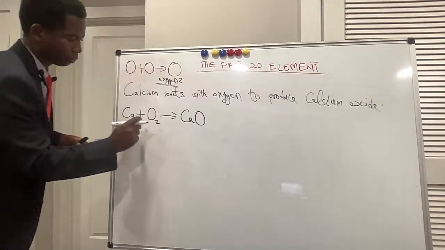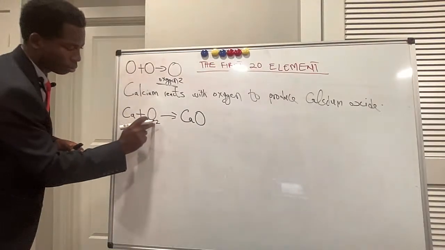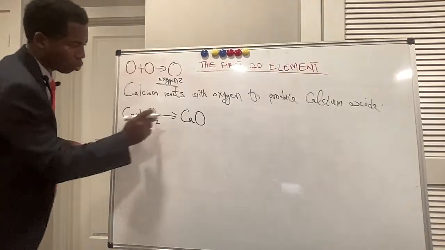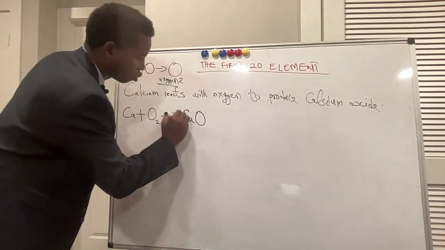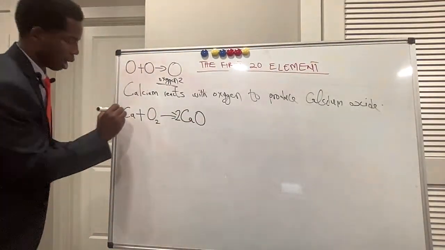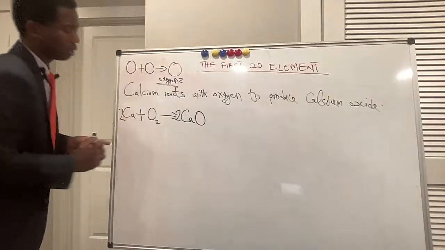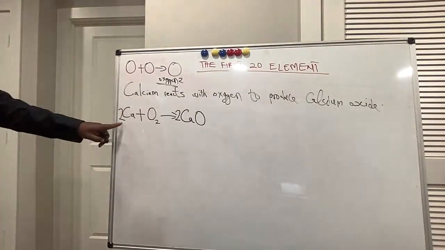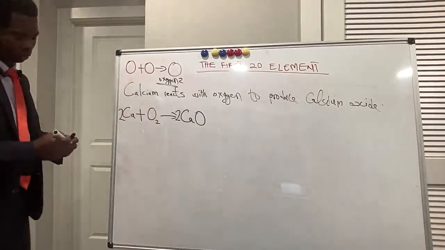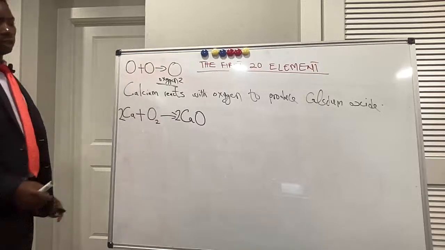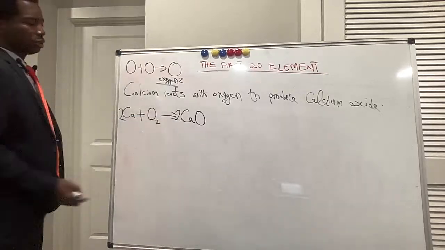We have calcium 1, oxygen 2. Let's make oxygen 2 here and calcium 2. The reaction is balanced because we have 2 calcium and 2 oxygen on each side.